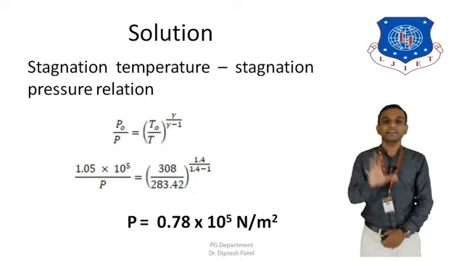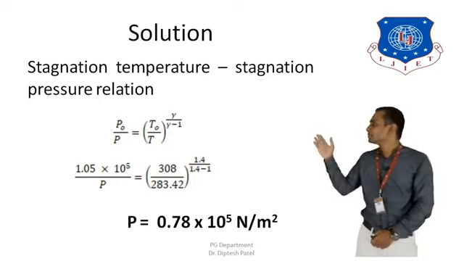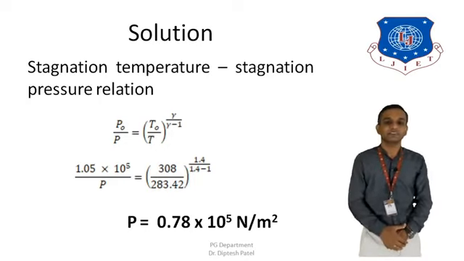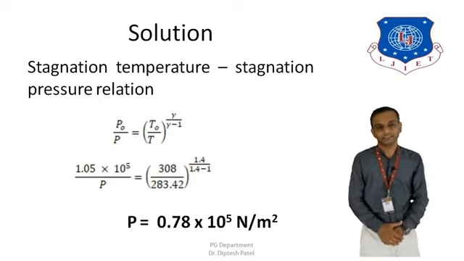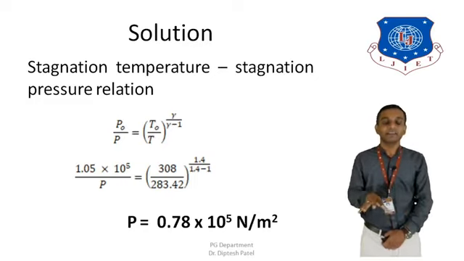On that basis P is equal to 0.78 into 10 raised to 5 Newton per meter square. This is our second finding, static pressure.